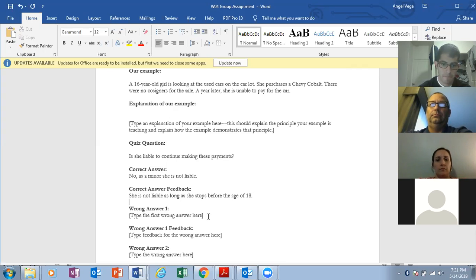Well, as long as she stops paying, or as long as she voids the contract before the age of 18. Voids. I like that. As long as she voids the contract. As long as she avoids paying the contract?